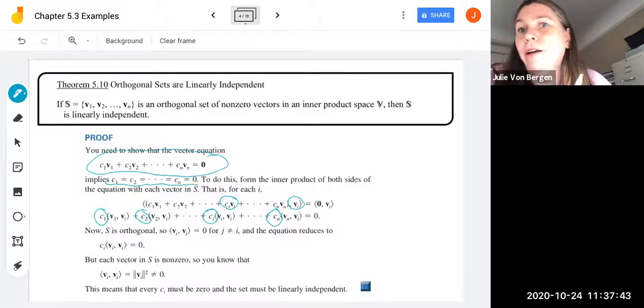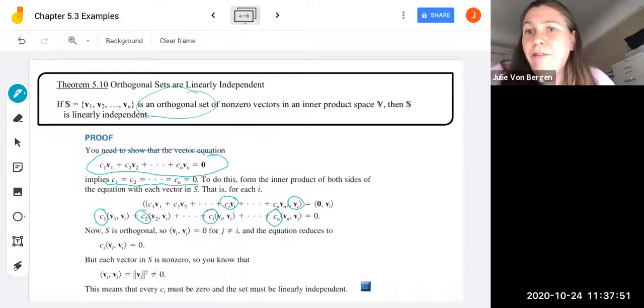So S is orthogonal, remember? That was part of our given information. So then Vi and Vj, that's 0 for all the i's and j's that are not equal. So then that reduces us to, on the left, everything else is going to be 0 except Ci Vi dotted with itself.